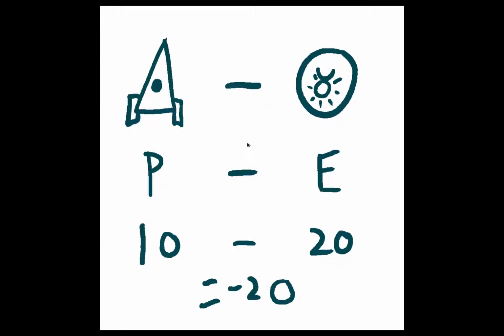As another example, still deducting the enemy from the player, we just did 10 minus 20. So let's say our player was at 50 and our enemy was at 10. 50 minus 10 is 40.